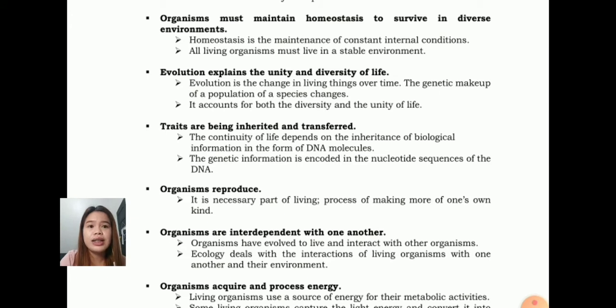The continuity of life depends on inheritance of biological information in the form of DNA molecules. The genetic information is encoded in nucleotide sequences of the DNA. Organisms reproduce. It is a necessary part of the living process of making more of one's own kind.